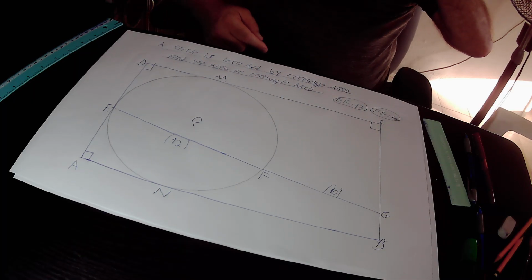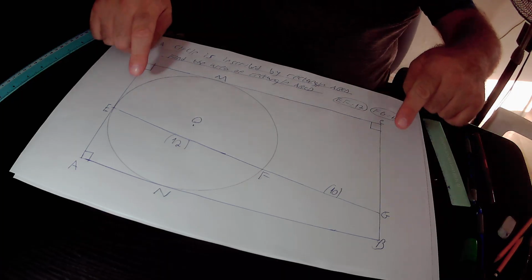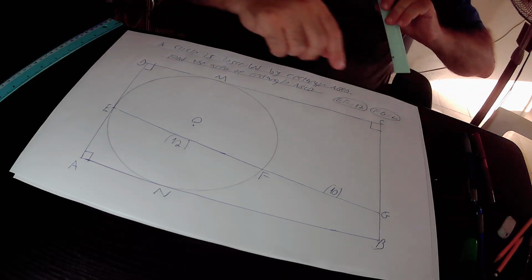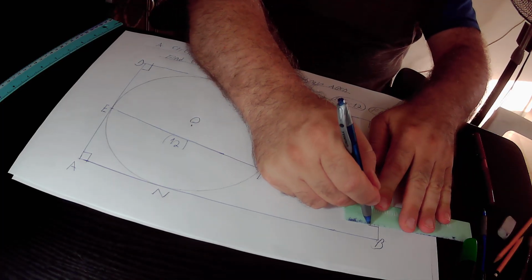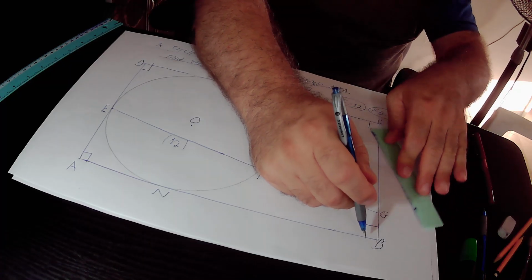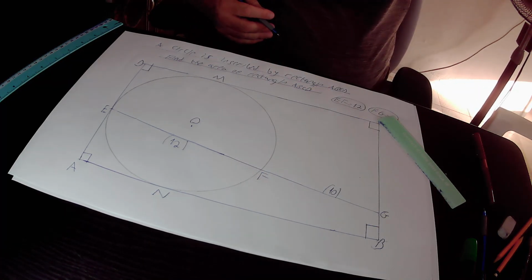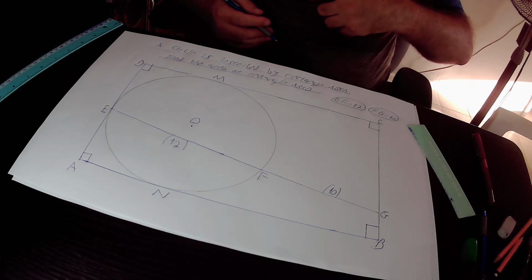Okay, so first of all, we know that all the angles inside any rectangle are right angles. So all those four angles are right angles. So this is a right angle. We know that the area of any rectangle equals the length of the rectangle times the width.